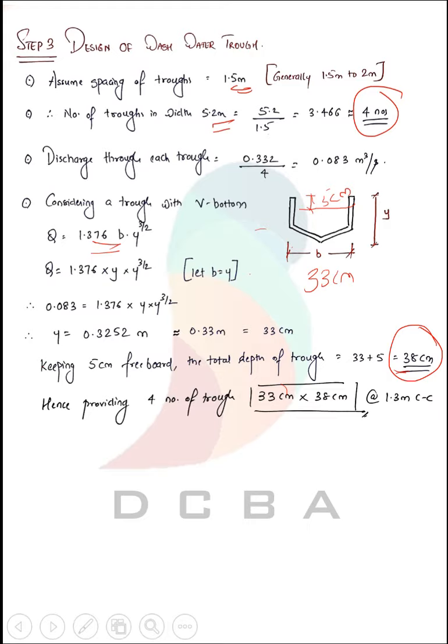In 3 steps we have designed it, and there are a lot of assumptions that have to be taken, but those assumptions have to be within the limits of what is taught in the theory, and it should not go to any value.